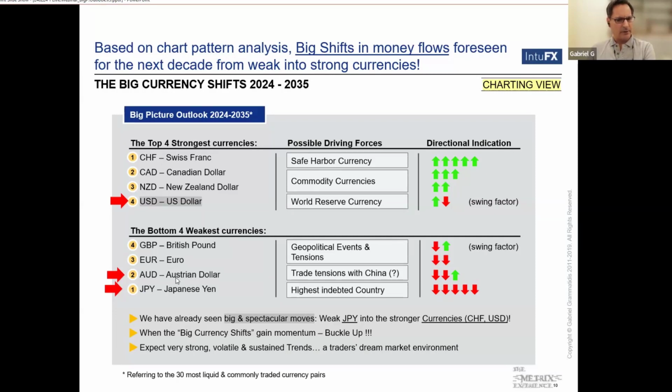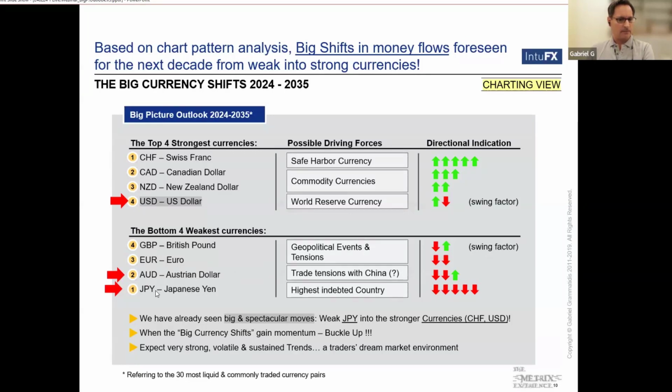However, Australia is highly dependent on the economy of China, and something might happen with China and the relationships between Australia and China that actually leaves many people leaving the Australian dollar, right? So that seems to be a very weak currency.